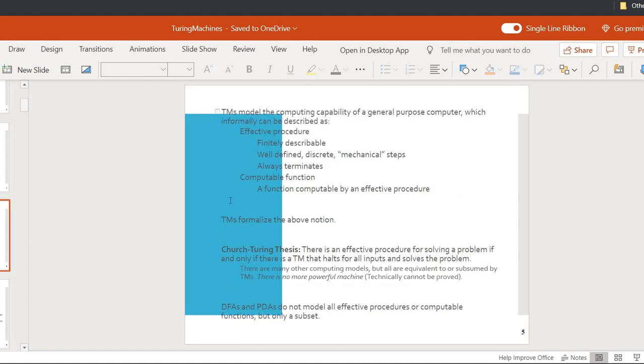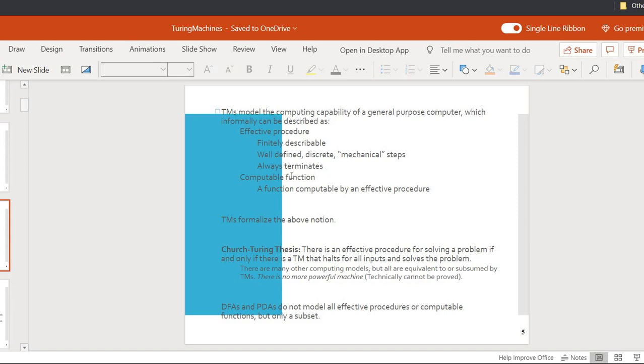Moving on. Turing machines model the computing capability of a general purpose computer, which you can informally describe as an effective procedure that is finitely describable, well defined, and has a discrete way of carrying out its steps.